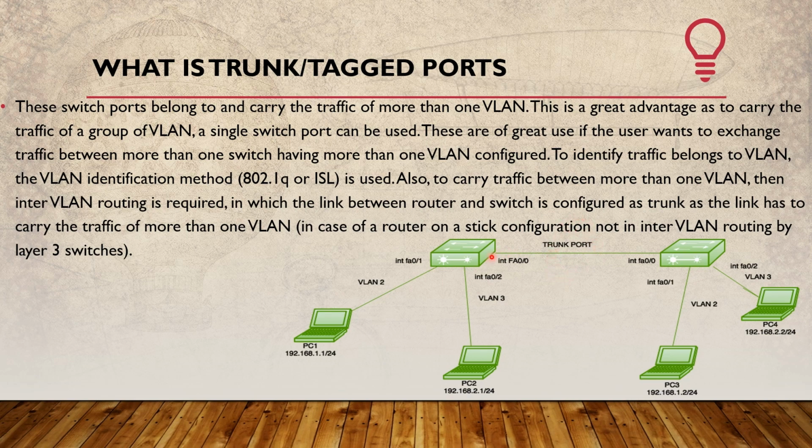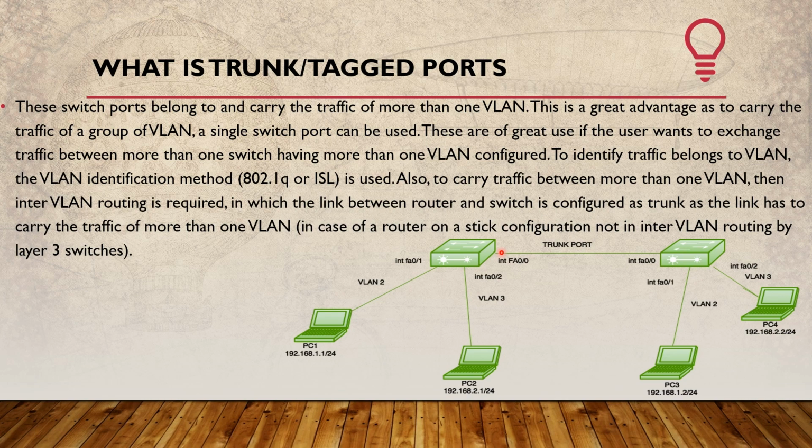If I enable an access port, by default it can pass only one VLAN. It cannot pass two VLANs. Whatever VLAN is enabled there, only that VLAN's information can be passed. So if I configure it as a trunk port, it can pass both the VLANs simultaneously without any issue.